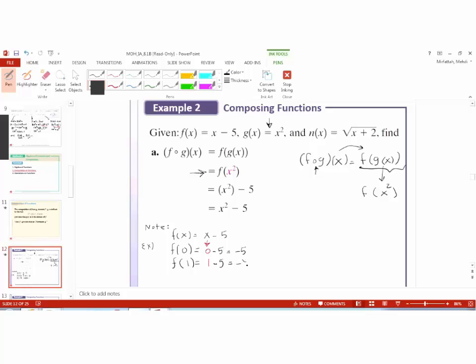So 1 minus 5 is equal to negative 4. Very good. So I can find f of anything. If I put f of a little flower here, it doesn't have to be a number. It could be a symbol, like that. I put a little flower. So this would be equal to this little flower.